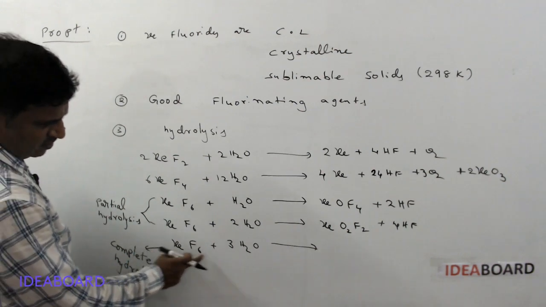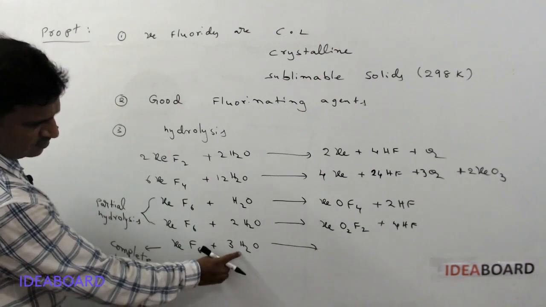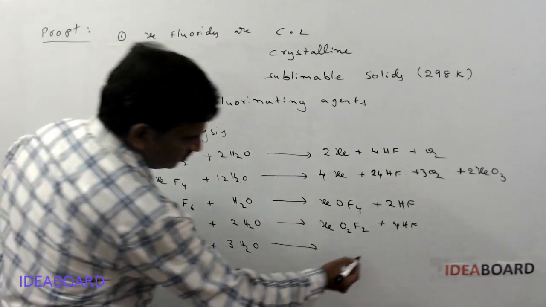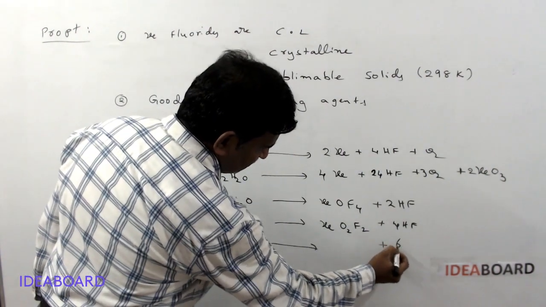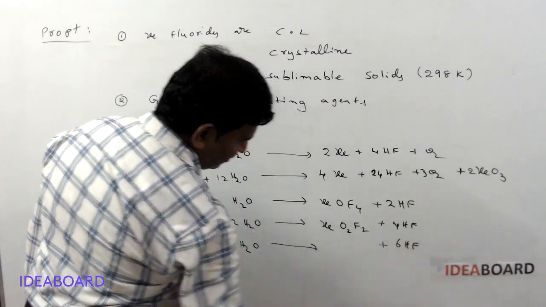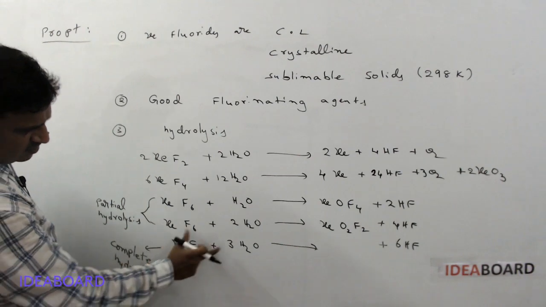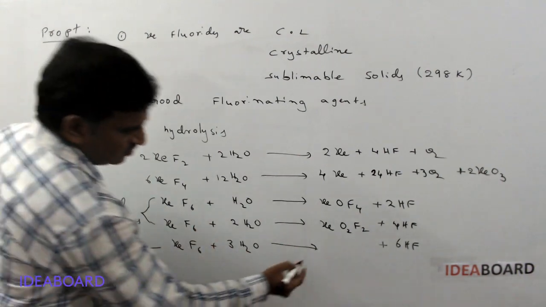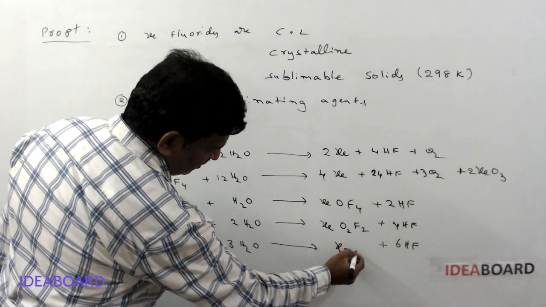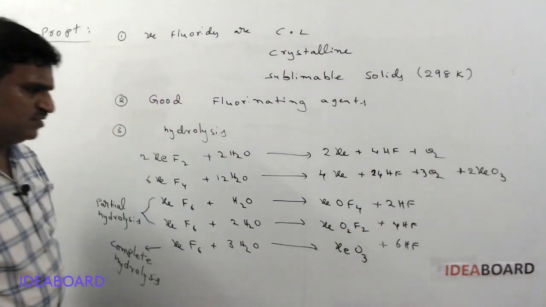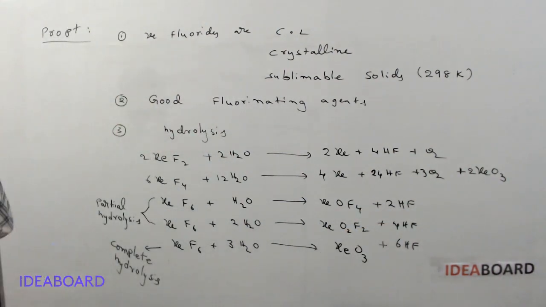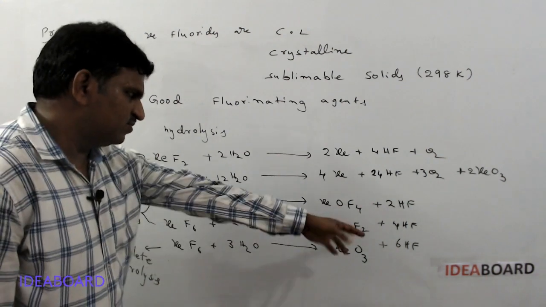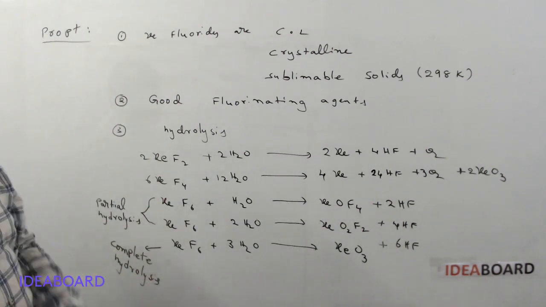Next, 3 2s are 6 hydrogens, 6 hydrogen plus 6 fluorine, we are getting 6HF plus the remaining Xe and 3 oxygen atoms, so we are getting XeO3, xenon trioxide. So this is an easy way to write the products with xenon hexafluoride.